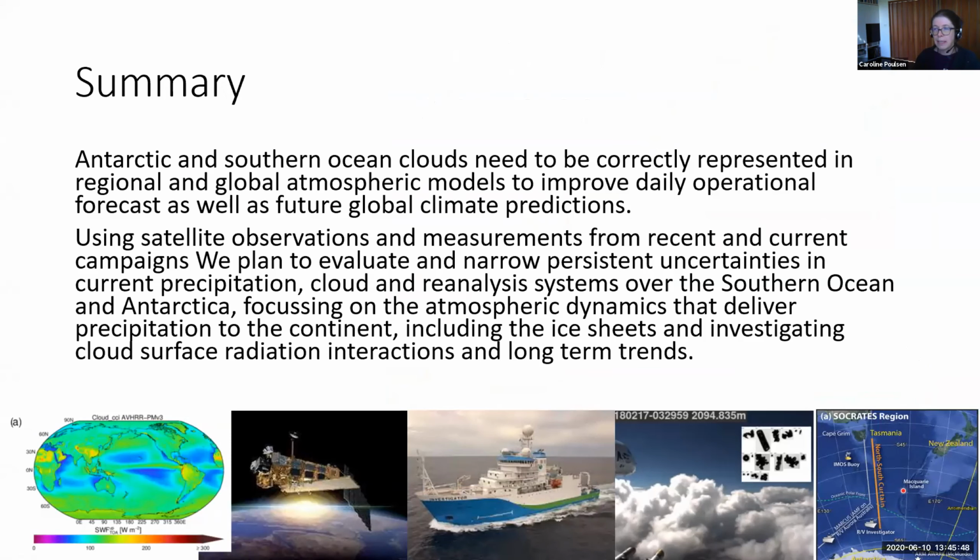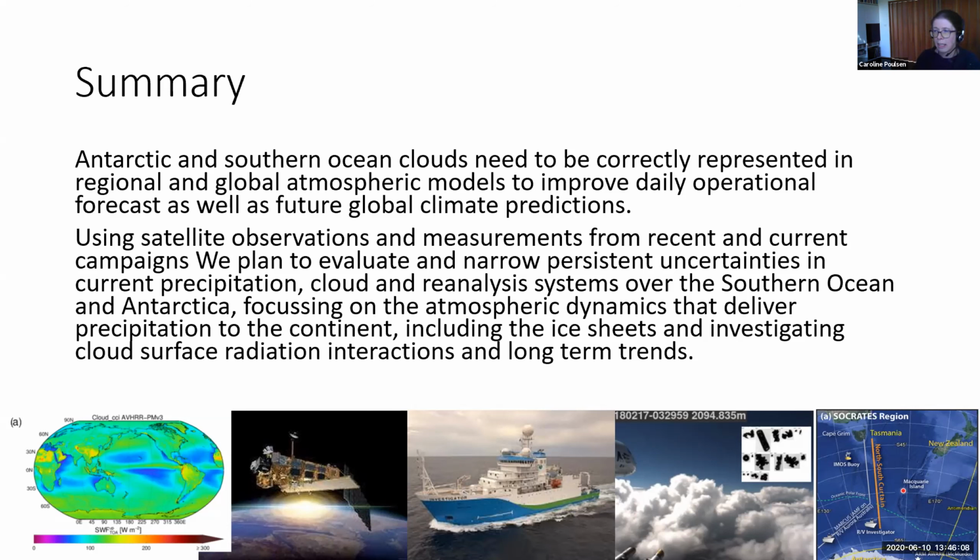Okay, so just to summarize, Antarctic and Southern Ocean clouds need to be correctly represented in regional and global atmospheric models, and we need this to improve the daily operational forecast as well as future global climate predictions. That's really one of our key aims.